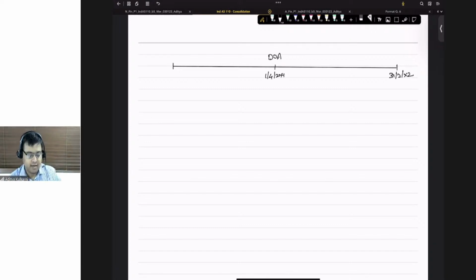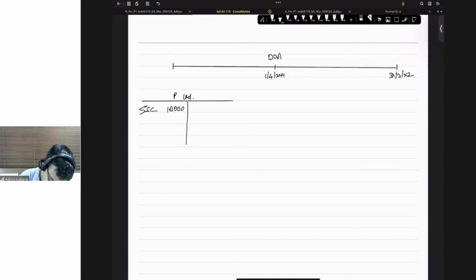Only thing is, P Limited. Equity share capital 10,000. Investment 5,000 and bank 5,000.